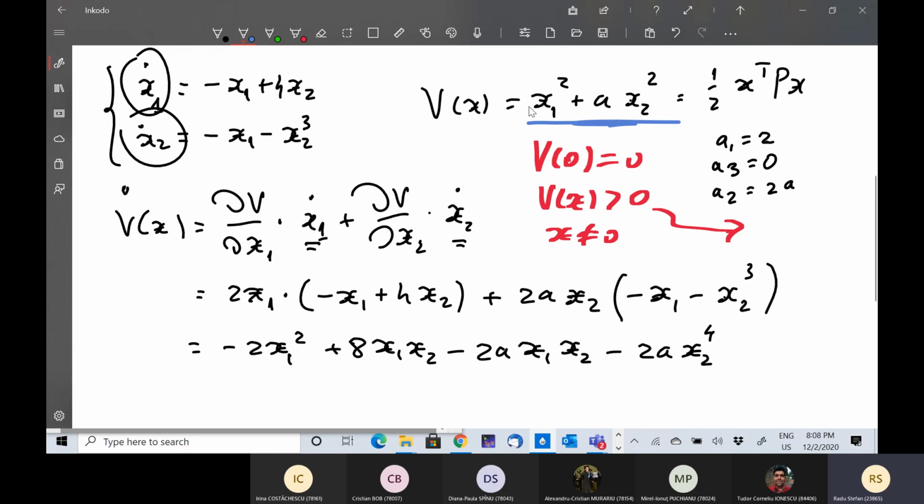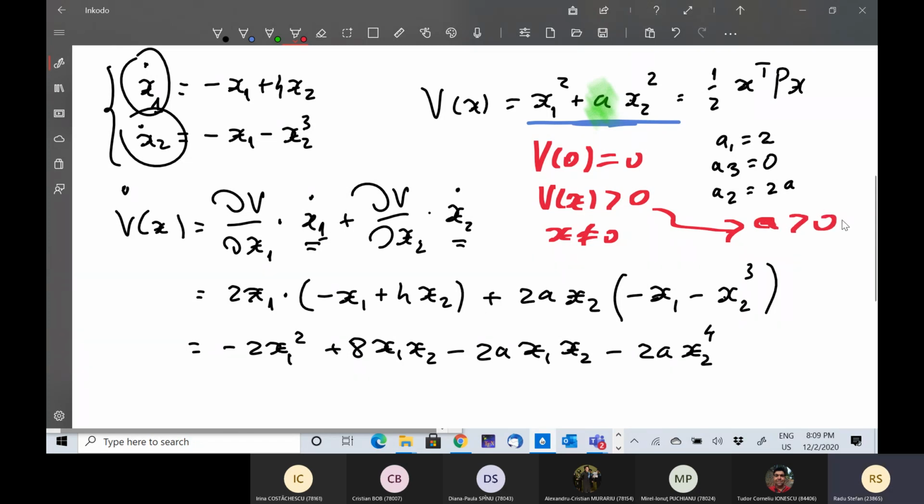In order to have x1 squared plus a x2 squared positive for every x1, x2 different from 0, what is the condition on a? Of course, a is our leverage here. a is our degree of freedom in this case. So what is the condition on a? Yeah, a has to be positive, of course. That's all.